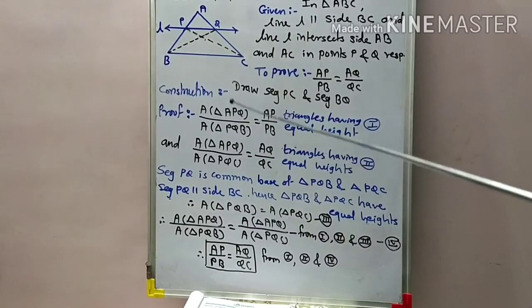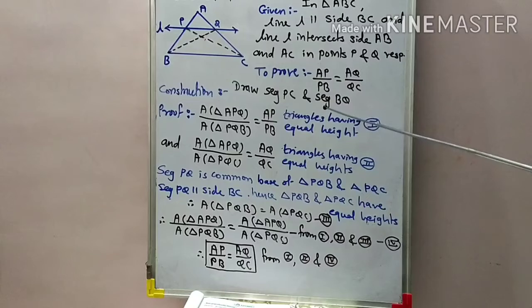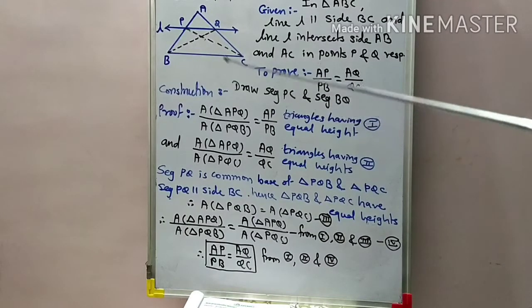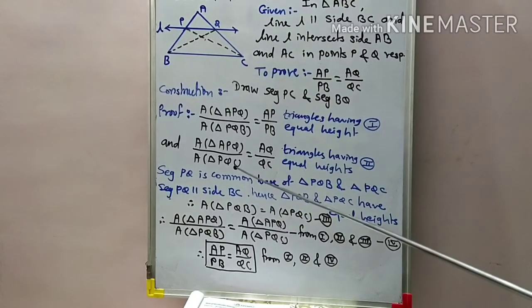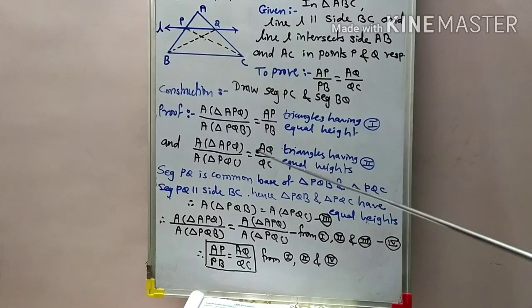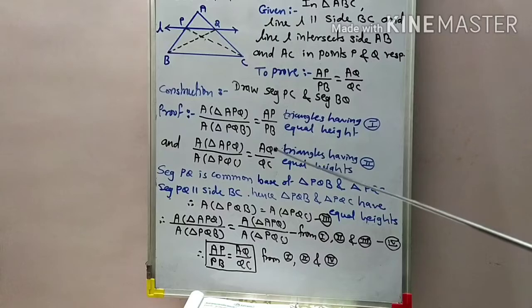Similarly for the second pair of triangles, where we draw segment PC, the area of triangle APQ upon the area of triangle PQC. Again these two triangles have equal height, so the ratio is equal to what? Corresponding bases, and AQ and QC are the corresponding bases.